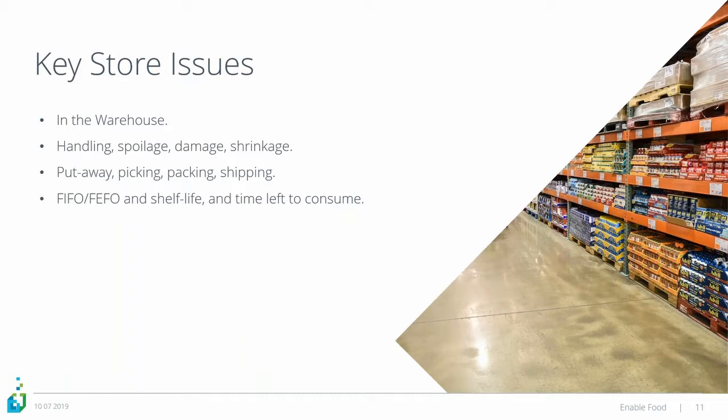And then the process in a store is put away, picking, packing, shipping. So when you put it away, it's when you've received it from somebody. You want to put it away as quick as you can. You then want to pick it at a later date. So you're typically receiving in bulk from a supplier, or in our case, from a food manufacturer to a retail DC, distribution center.